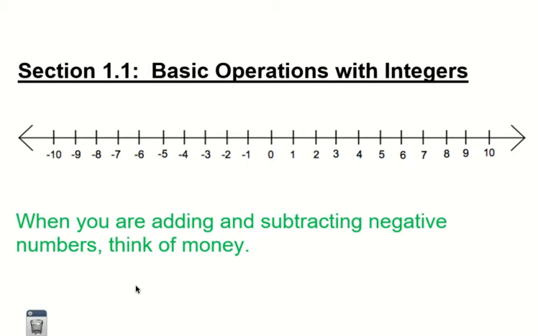Like you owe somebody $20. Like you have negative $20. You lost your actual $10 and then another $20 that you were in the negative, okay? So, some things to keep in mind before we even start doing problem after problem.